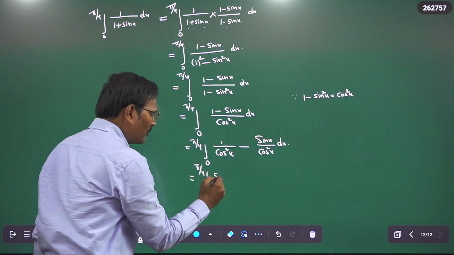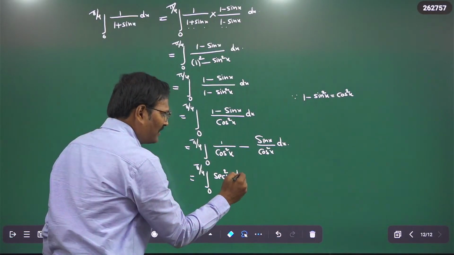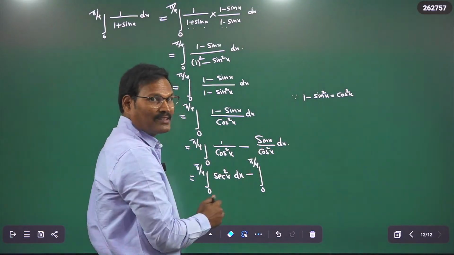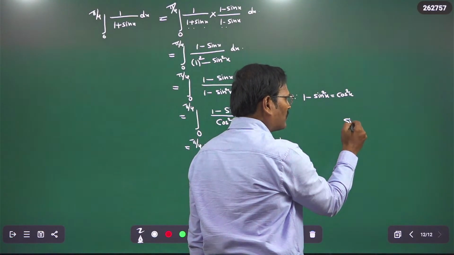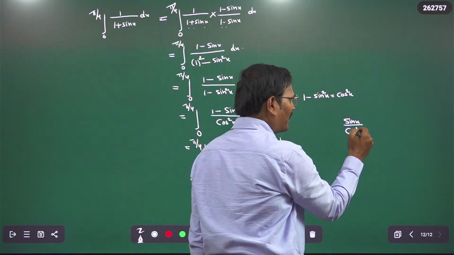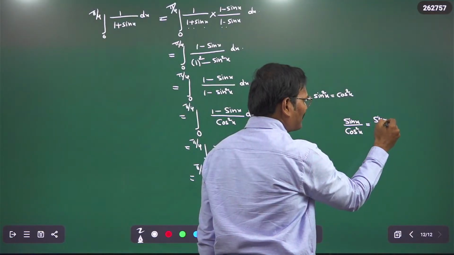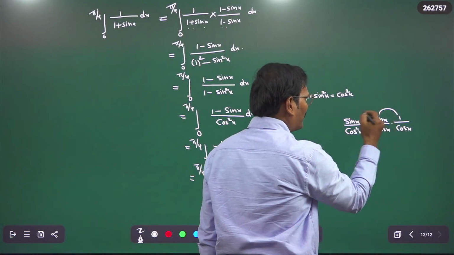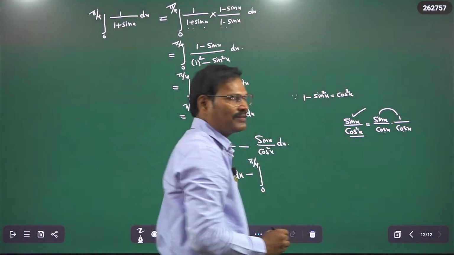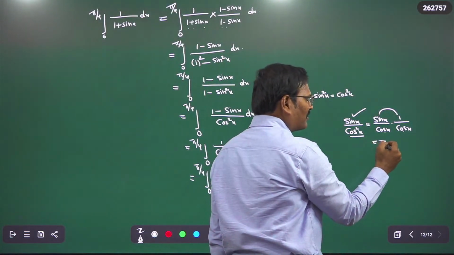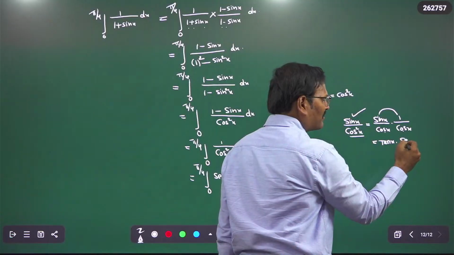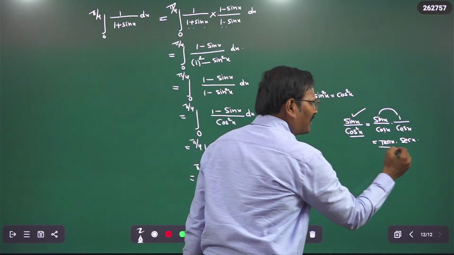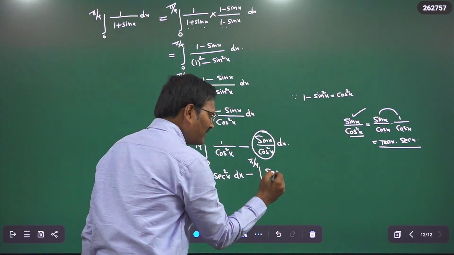Integral 0 to pi by 4 secant square x dx minus integral 0 to pi by 4 sin x by cos square x. Sin x by cos square x can be written like this: sin x by cos x into 1 by cos x. Sin x by cos x means tan x, 1 by cos x means secant x. So in place of this, I am writing tan x into secant x or secant x into tan x, your wish.